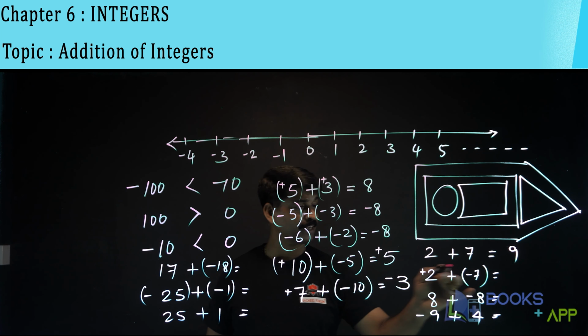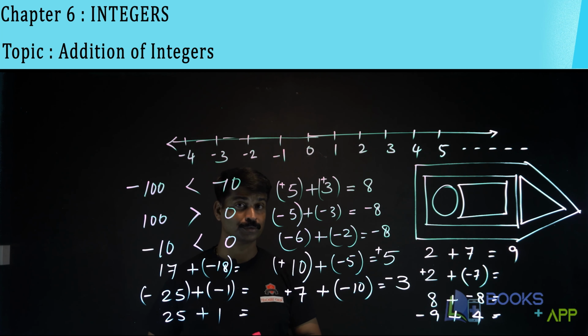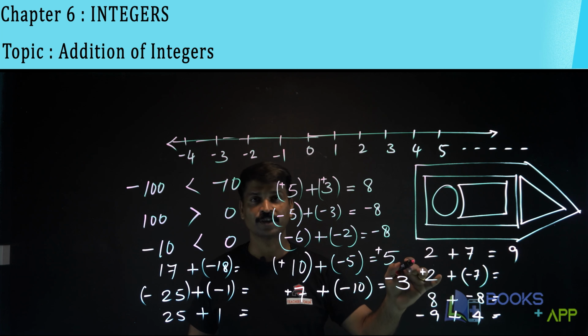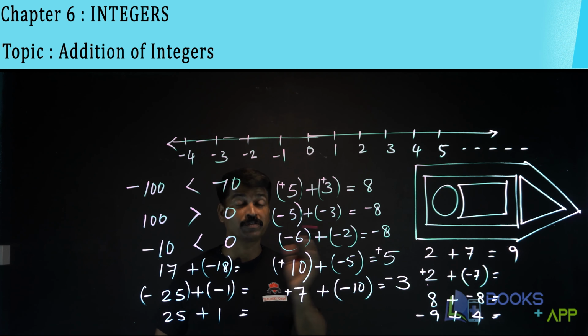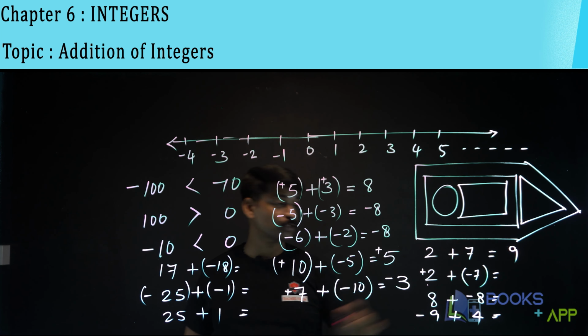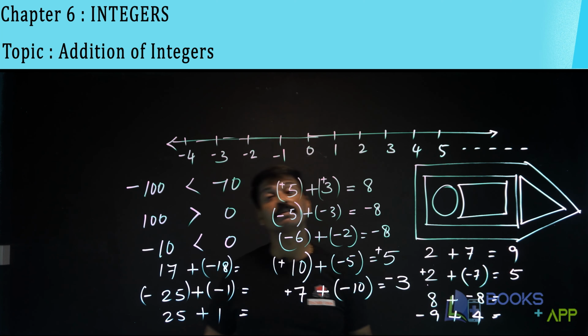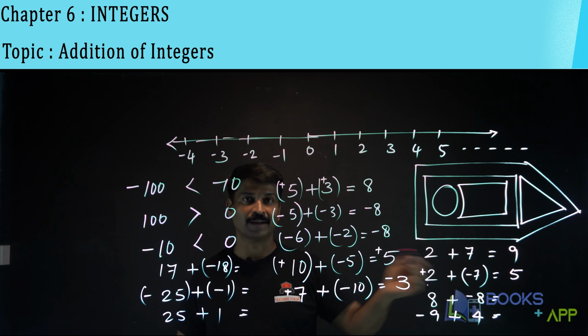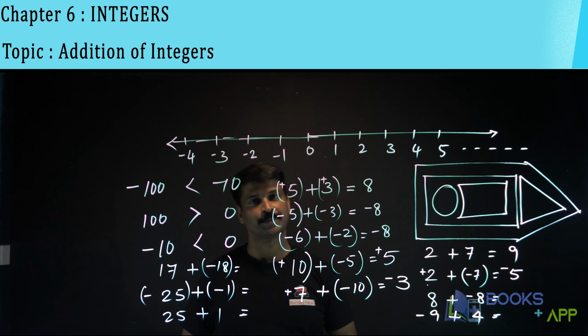So when a positive number and a negative number comes, what we have to do? From the greater number, you should subtract the smaller number. Which is greater? 7. Which is smaller? 2. So 7 minus 2, you should find the difference. 7 minus 2, that is 5. Give the symbol of the larger one. Larger one is 7. What is its symbol? Minus. So the answer is minus 5.